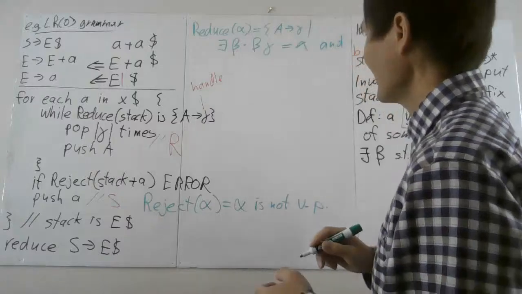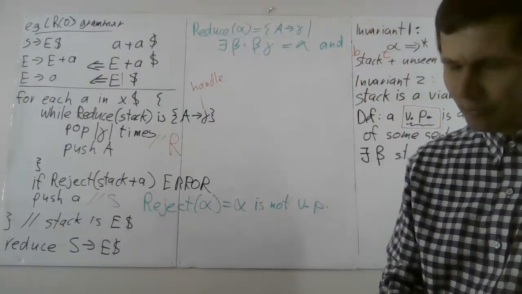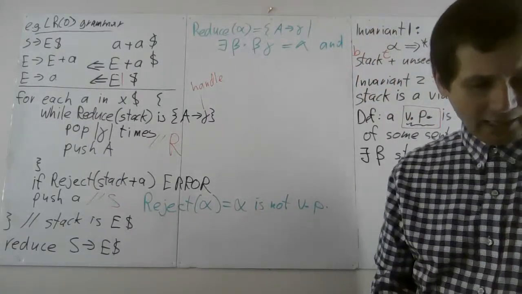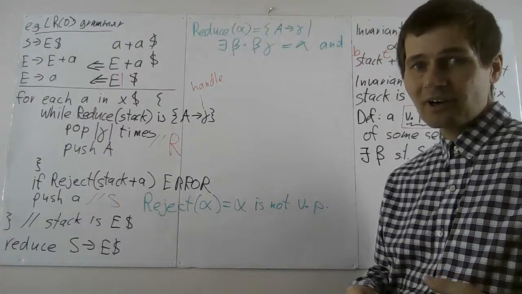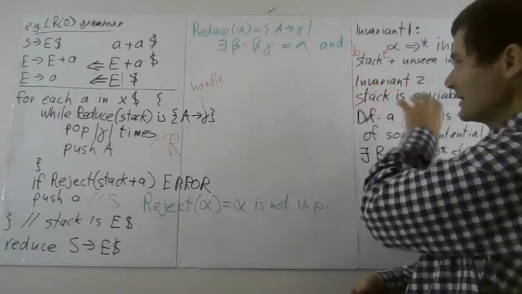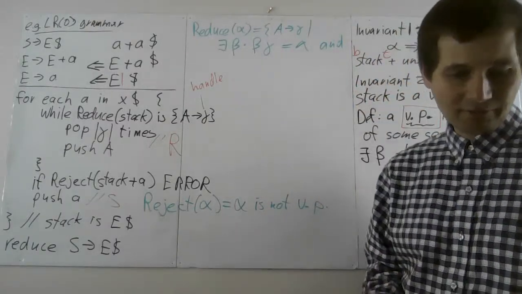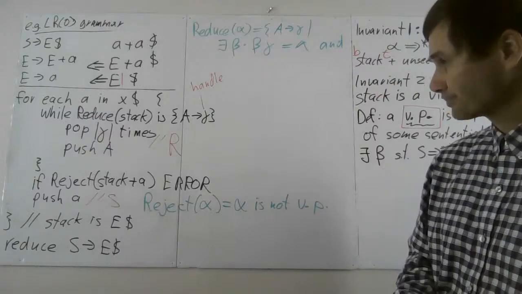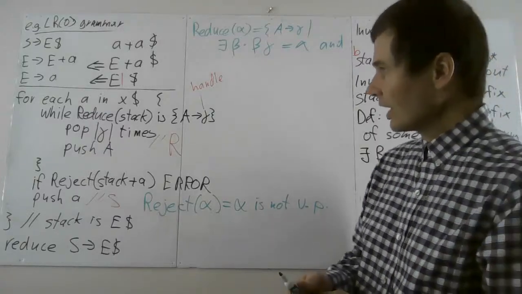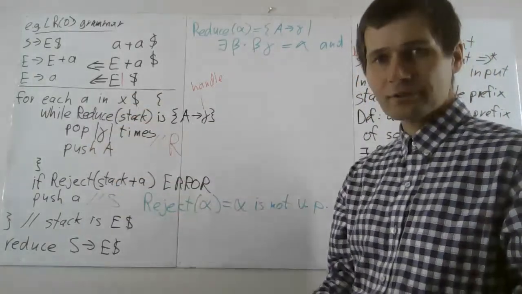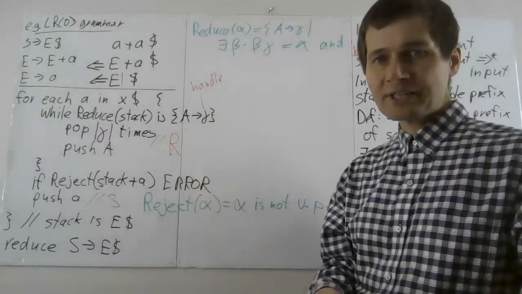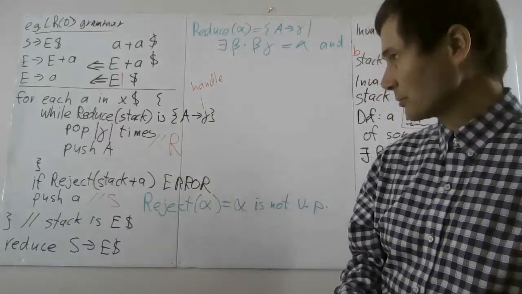Now the hard part, right? I want to reduce only if I can maintain invariant 2, the invariant about the viable prefix. So I want to make sure that after I reduce, whatever is on my stack is still a viable prefix.